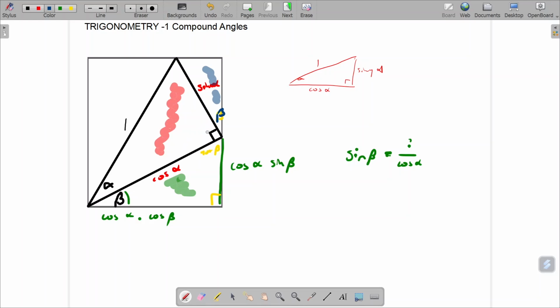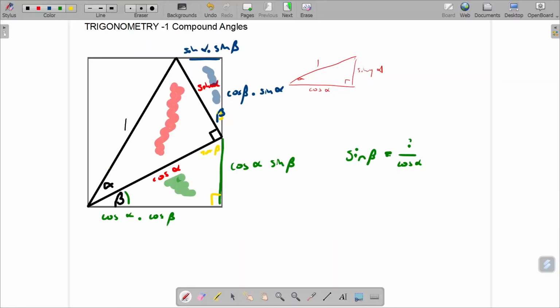So as a result, what we have here is cos of beta times sine of alpha. And this one here is going to be sine of beta sine of alpha, just this piece here on the right hand side.